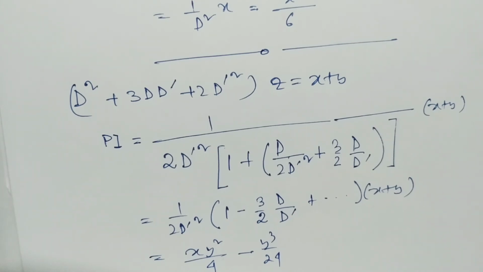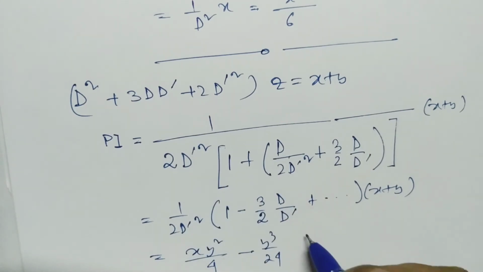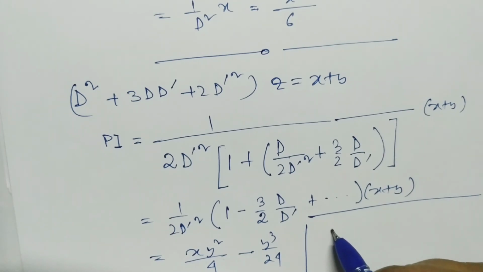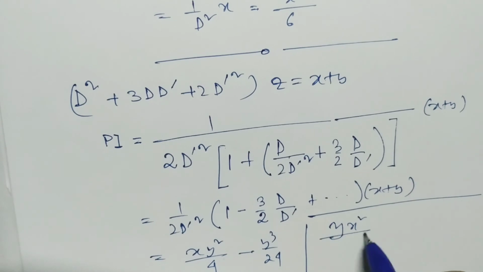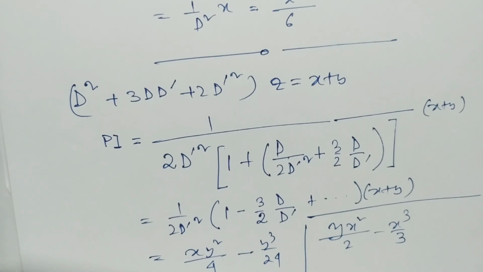But the same thing, whenever you take D common, then what happens? You can see that if you take D common, then the same result comes as y x square by 2 minus x cube by 3. But two different results cannot be allowed.